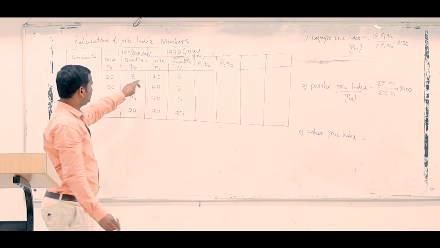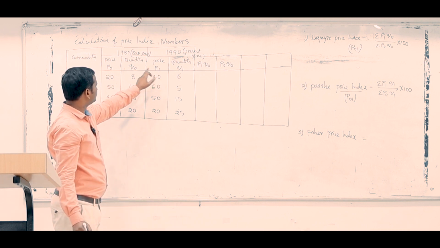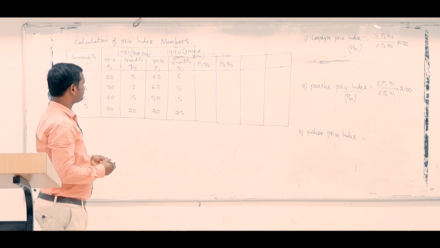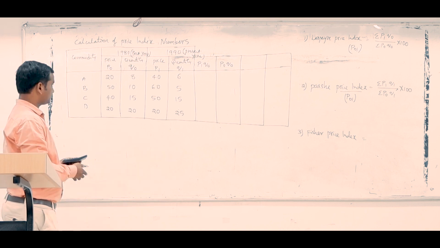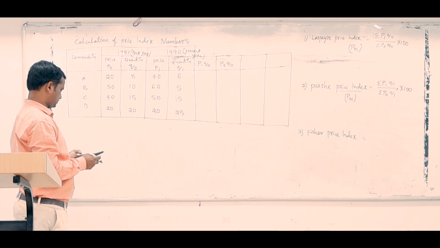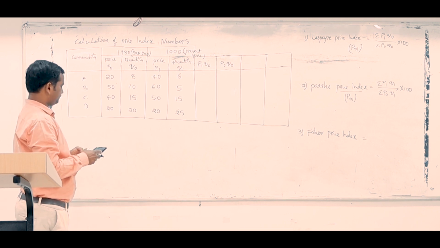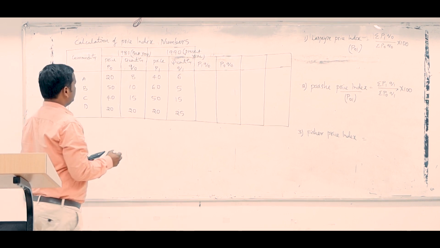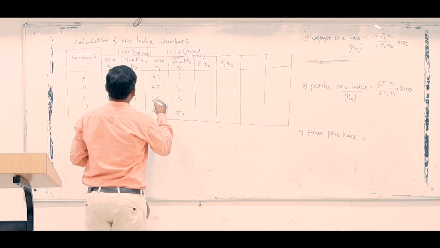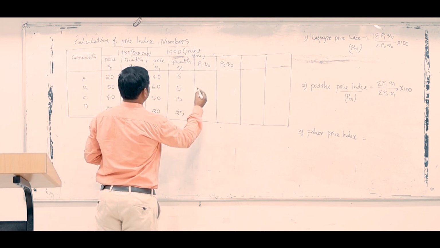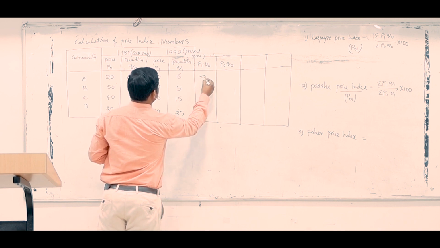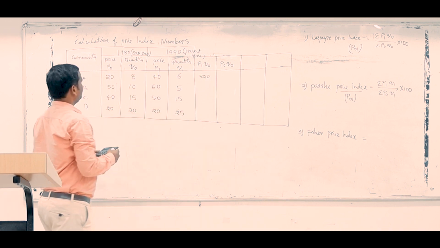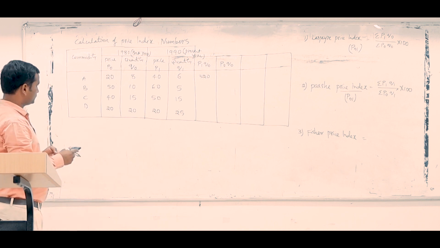Here P1 should be multiplied with Q0, so it will be 8 into 40, which is 320.